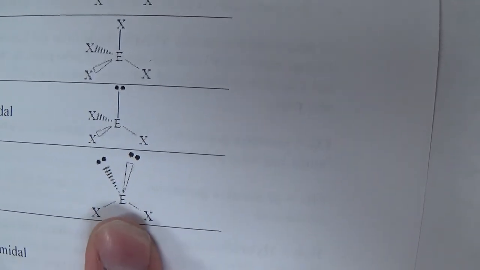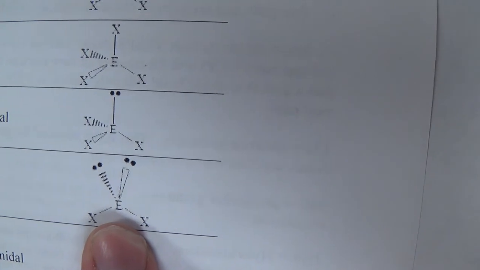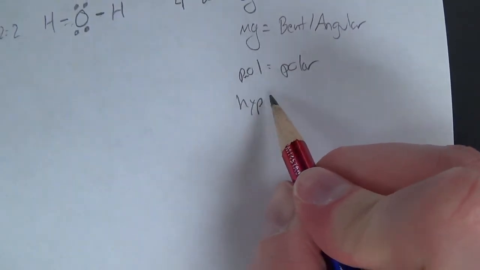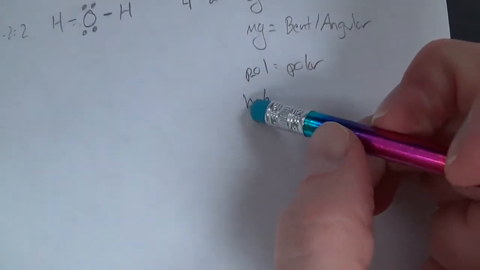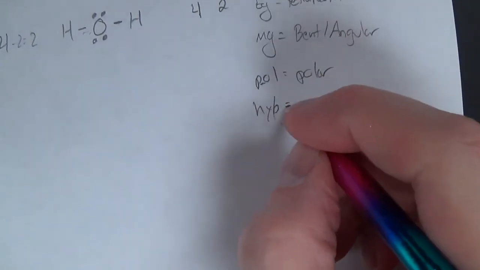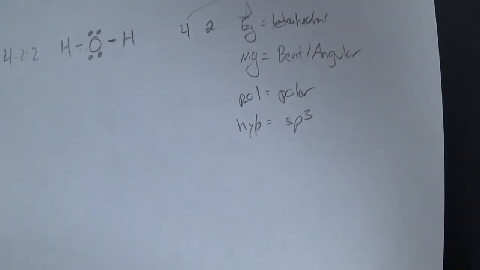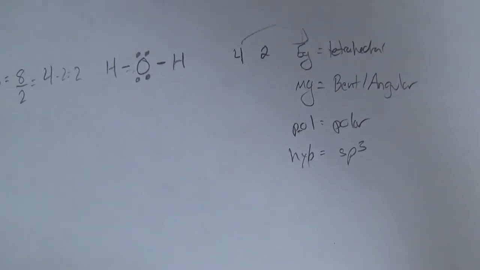Again, check my model in the classroom. You'll see why. So this is polar. It is not symmetrical. Hybridization. What would it take to hold 4 pairs of electrons? Well, it would take 1 s and 3 p orbitals to do that. So there's our hybridization. All right?